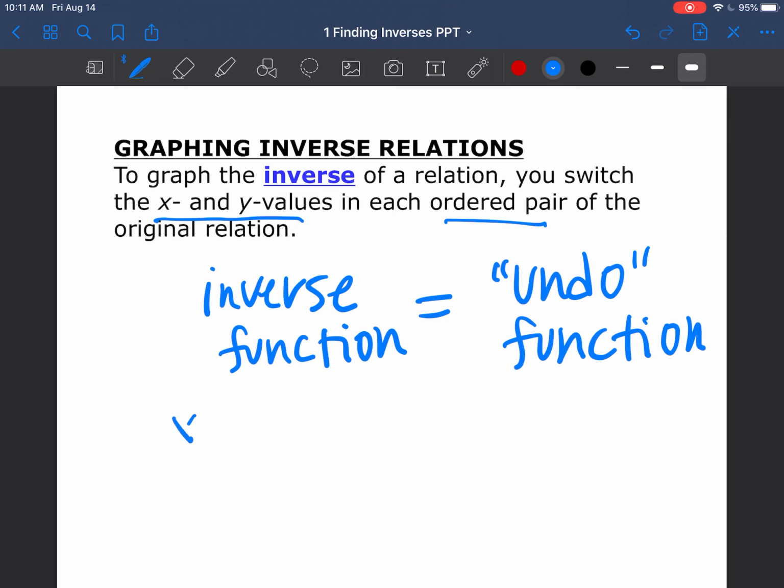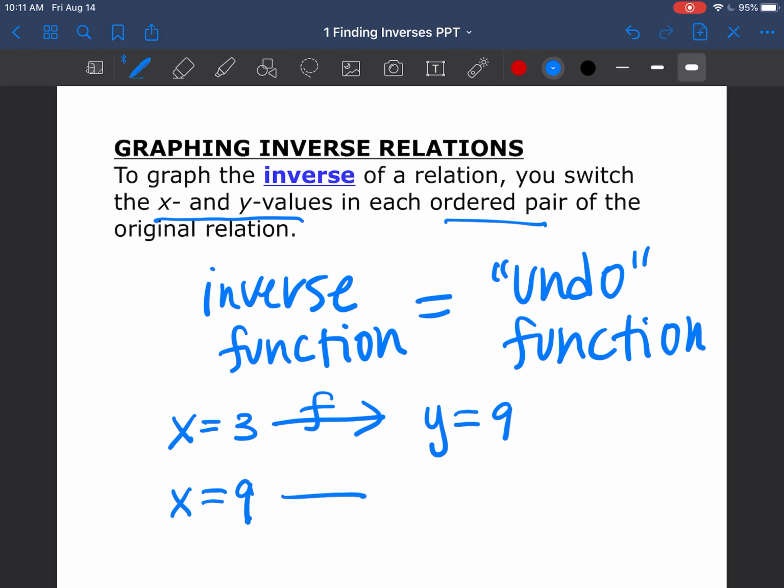And so if we take an x value of 3, put it inside a function, and it turns into a 9, the inverse function would take that 9 right back to the original 3. And so that would be the inverse function.